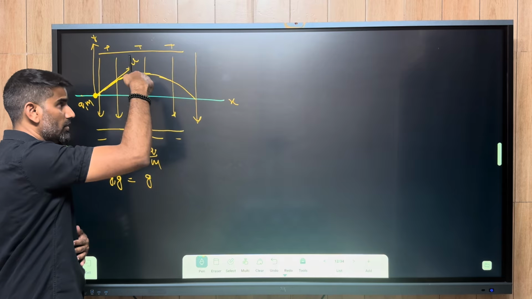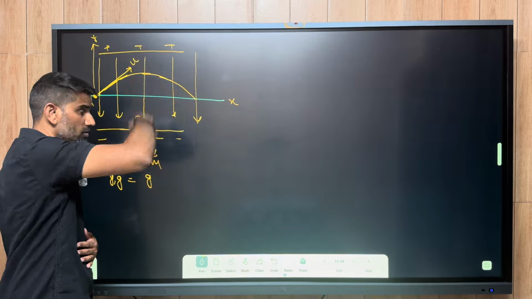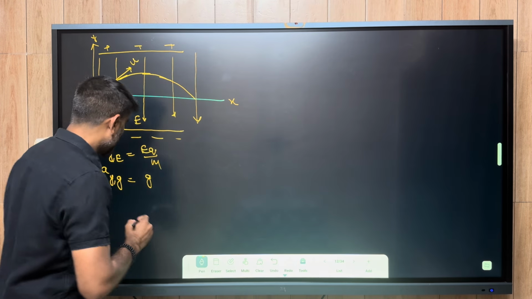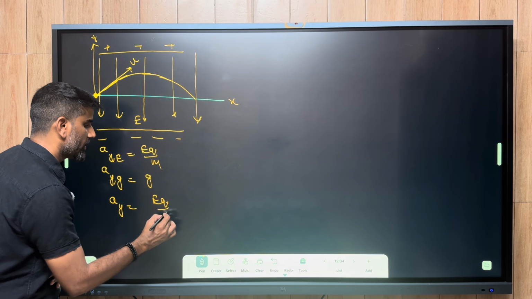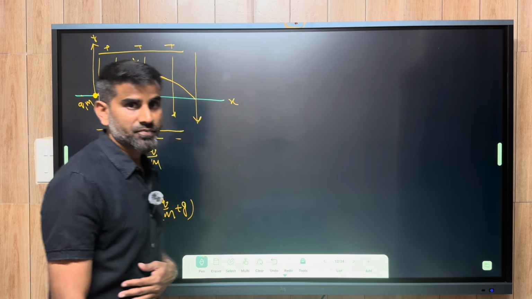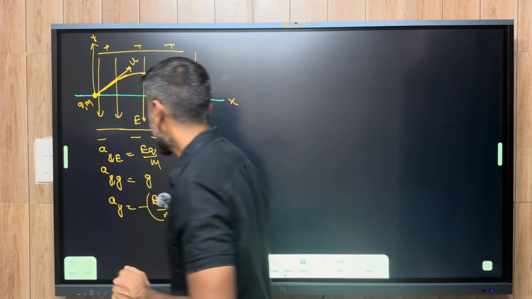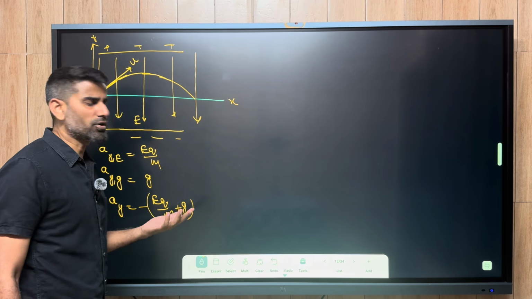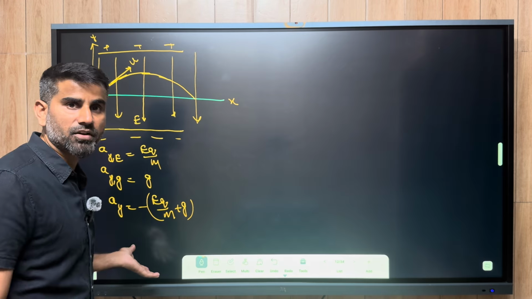The acceleration due to electric field is in the downward direction, and the acceleration due to gravity is also in the downward direction. So acceleration along y direction is eq by m plus g in the downward direction, minus in the downward direction. So you can consider the negative sign while using it in the formulas. Now Ay is equal to this one. This is the effective acceleration.